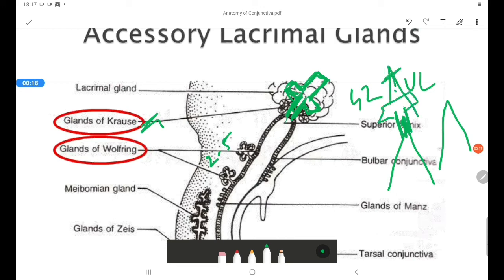It is easy to remember that it is the Krause gland, which is an accessory lacrimal gland located at the fornicial part. And Wolfring, in the form of a wolf, you can remember like they are the ones that climb the hill. So that will be an easy way to remember the names of the glands.